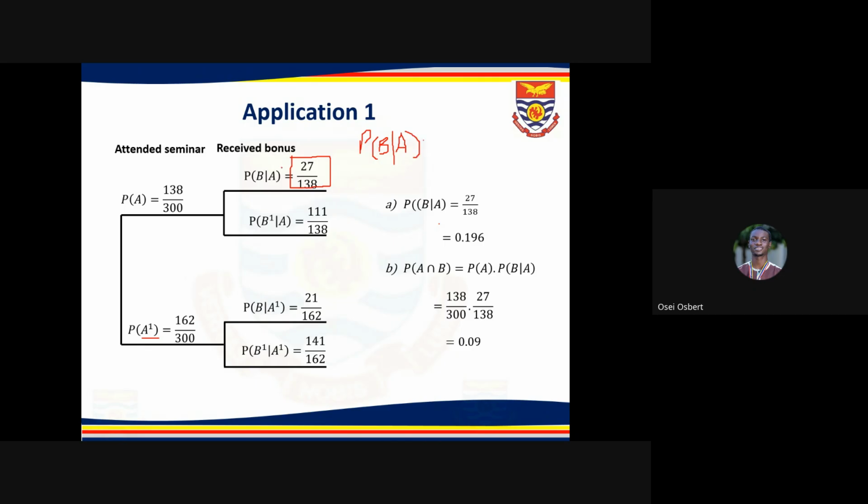And that is equal to probability of A times probability of B, all over probability of A.